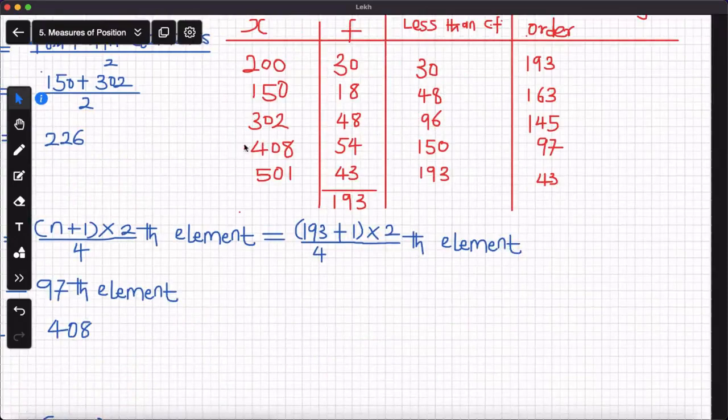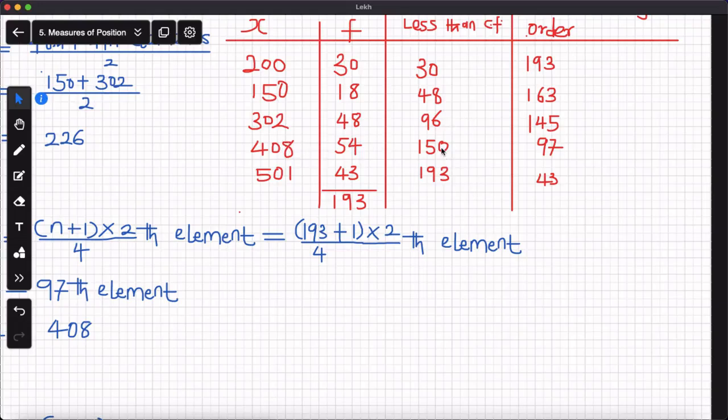that should be 408, because 408 starts from position 97, and it will be repeated 54 times. The 96th element is 302. So 408 will start from the 97th position, and it will be repeated 54 times.